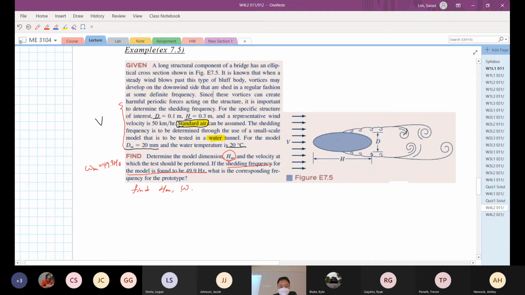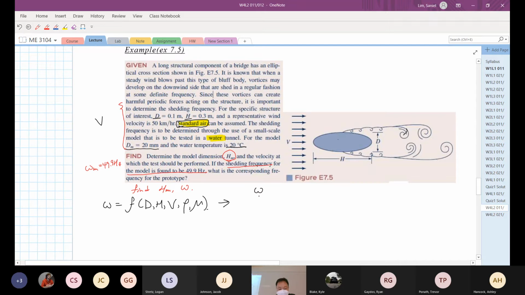Okay, so if I write down the functions, the shedding frequency, which is omega, not W here, is a function of D, H, V, rho, mu. That's all given here, all right? Then the next thing you're going to do is just express these variables in units.